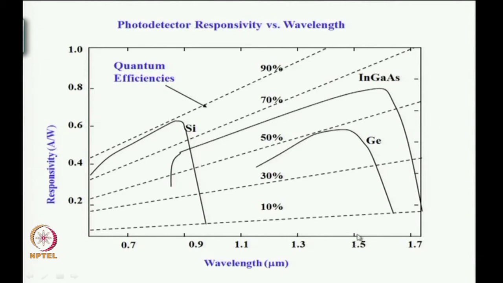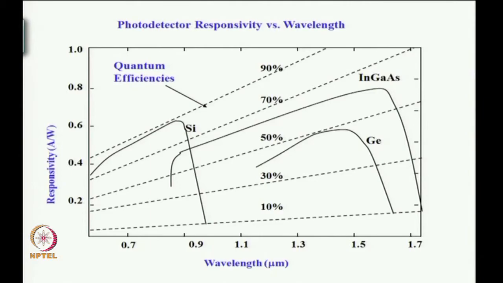And as you can see here, at around 1.55 the quantum efficiency for indium gallium arsenide is very high. Although germanium can also detect, as you can see here, germanium also has a responsivity, but indium gallium arsenide has the largest responsivity, and that is one of the main reasons why one goes for indium gallium arsenide.